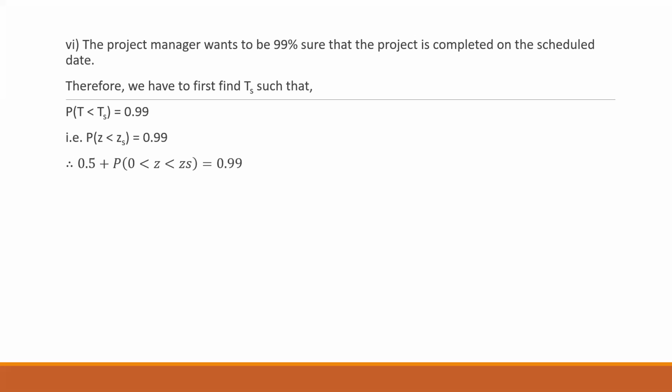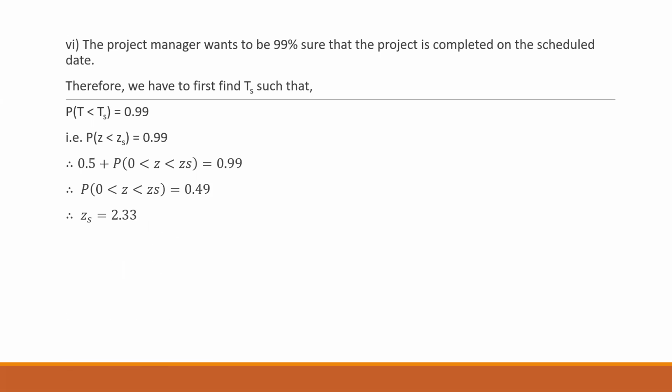For 2.32, we have a value 0.4898, and for 2.33, we have a value 0.4901. Now the nearest one is 0.4901. That is for 2.33. So the value of Zs will come to 2.33.